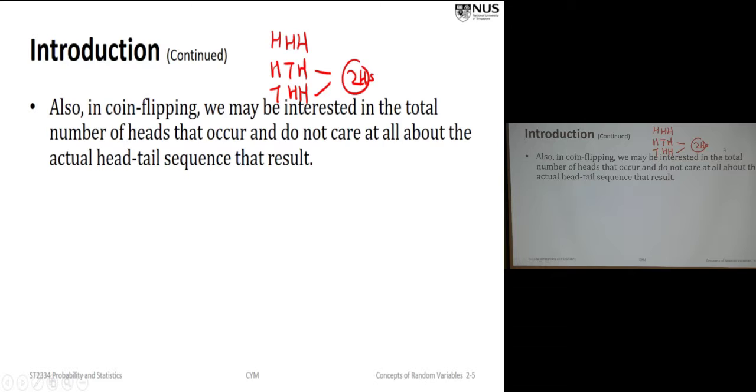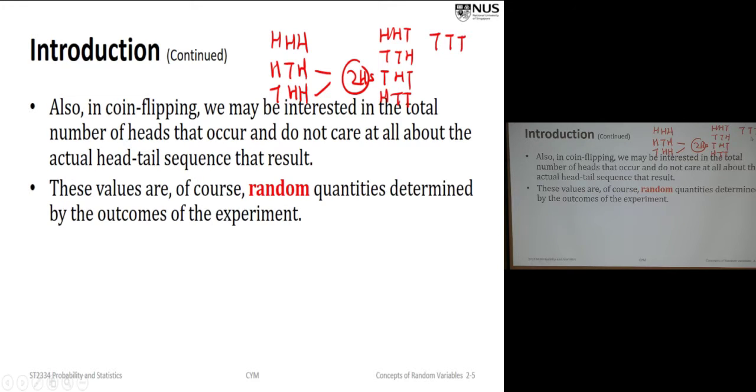So here comes, in this case, HHT, then TTH, THT, HTT, and TTT. So altogether 8 possible outcomes. In terms of number of heads, there are 3, 2, 1, and 0 heads. 0 heads corresponds to this one.